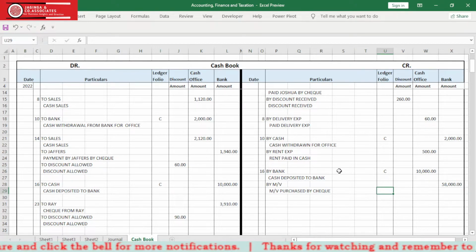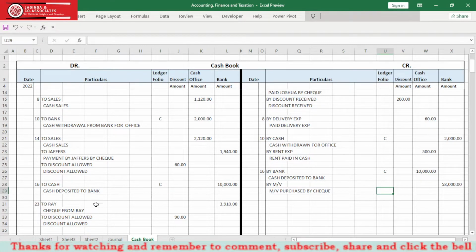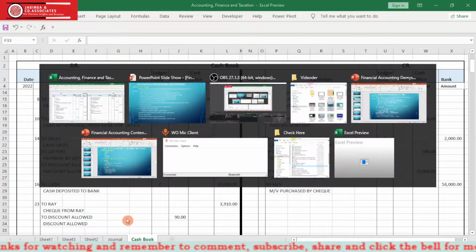So we must do a contra entry. Must show that cash has been withdrawn from bank and then it has been deposited in cash office. So we call that one a contra entry.